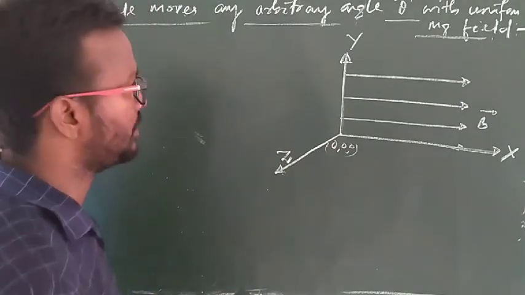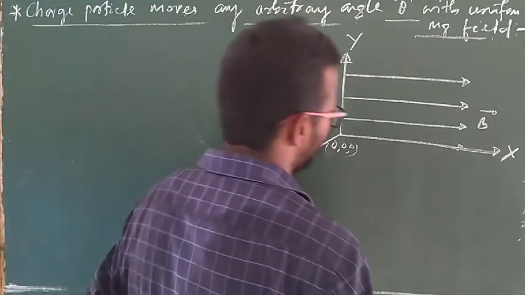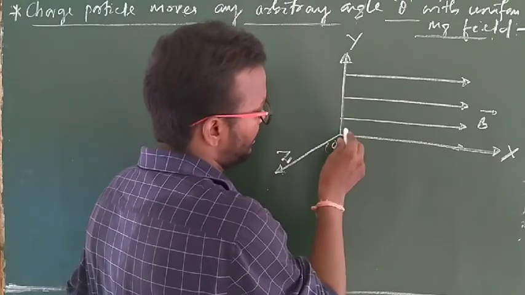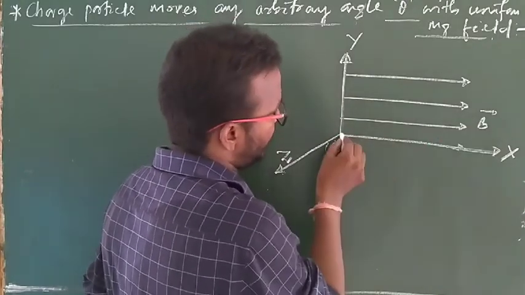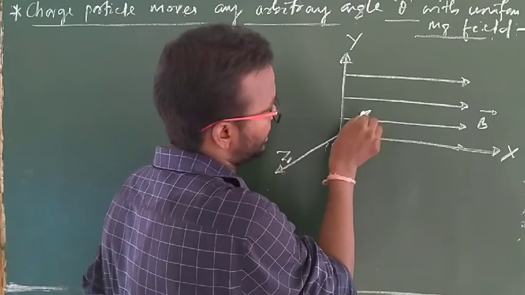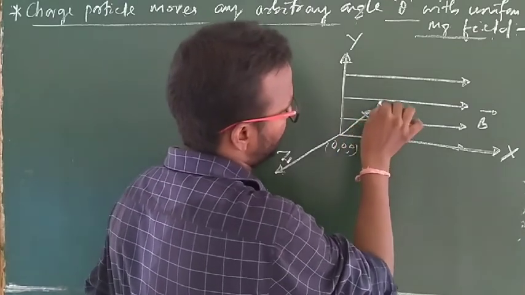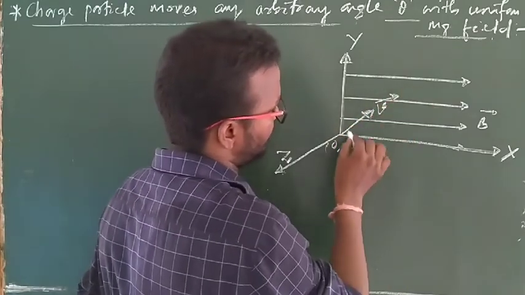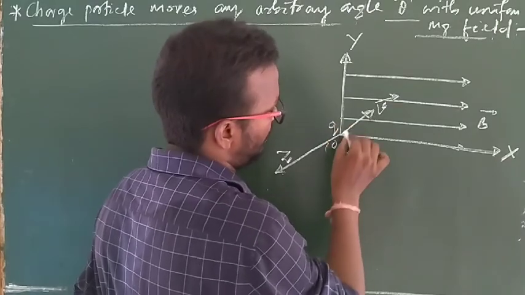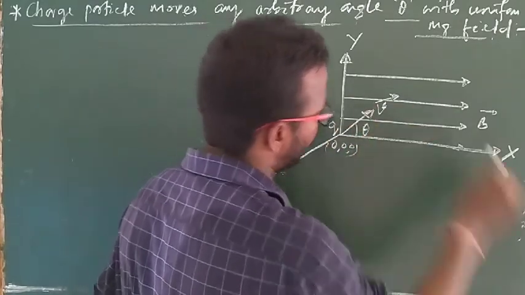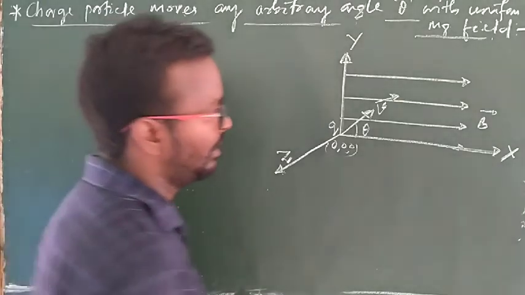Okay. Now here there is a positive charged particle q moving inside the uniform magnetic field with initial velocity v, which makes an angle theta with the magnetic field.